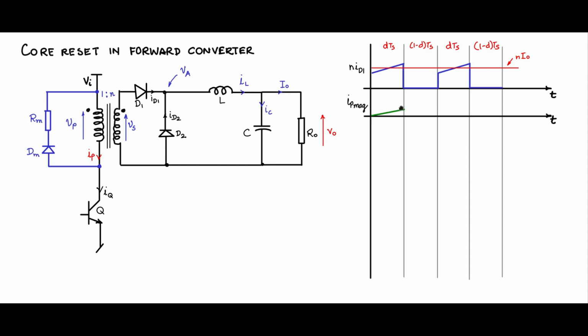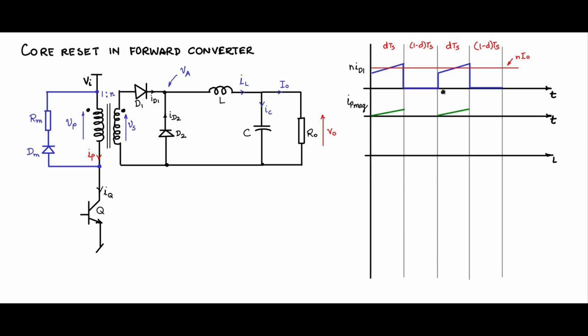It will have a slope of Vi by Lm, Lm being the magnetizing inductance. During 1 minus D, I will explain later. For now, we will leave this part, and again it will start from 0. During this time, we have to reset the core. We have to reset the core and bring it to 0 so that it will start again.